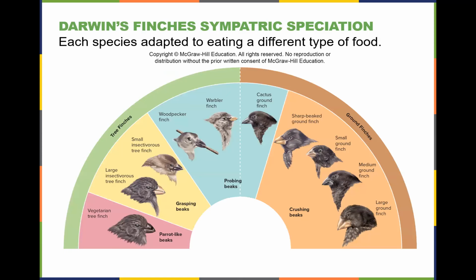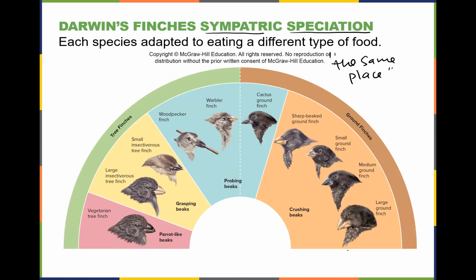We can also use Darwin's finches as an example of sympatric speciation, which is the same, okay, within the same place, which is the Galapagos Islands.